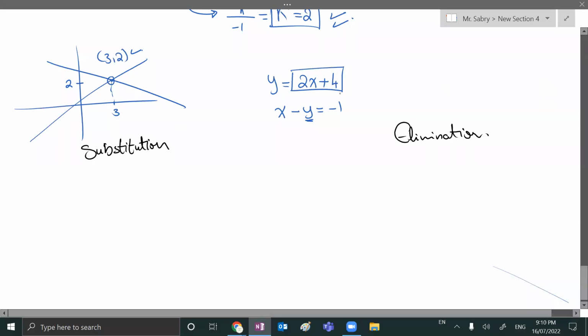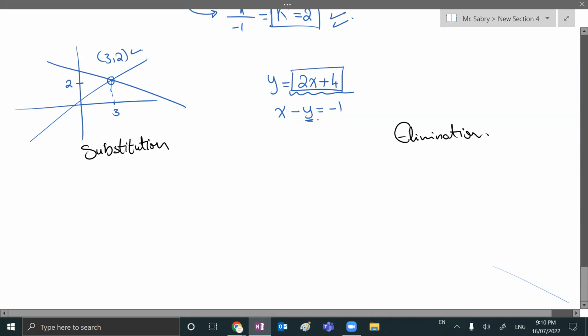So what I mean by that is that the y is supposed to be equal to this. Then why not take the 2x plus 4, all of it together, and substitute it instead of this one. So I'll remove 1 and I'll put 1, but instead of having y in it, it's now all x's.